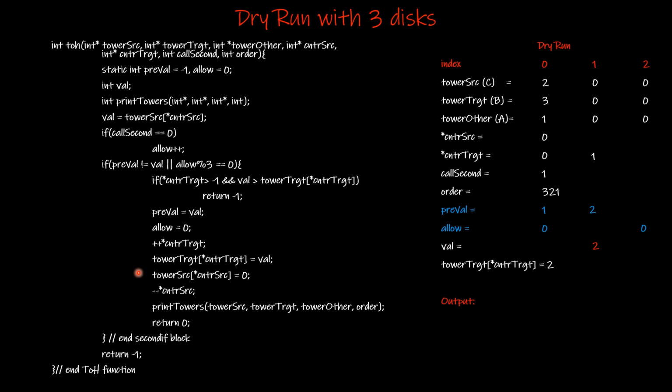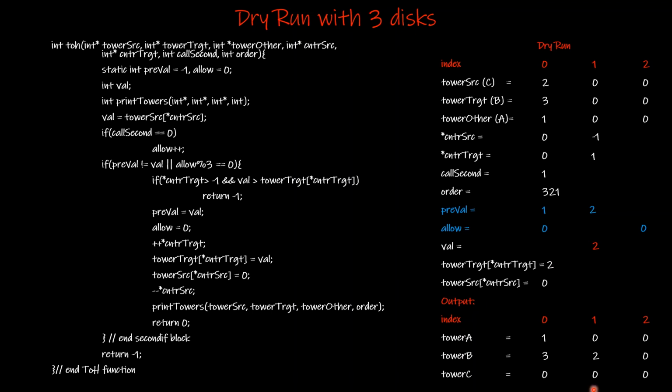Tower source value is set to 0 at the counter source location, and counter source is decremented by 1, and that becomes -1.